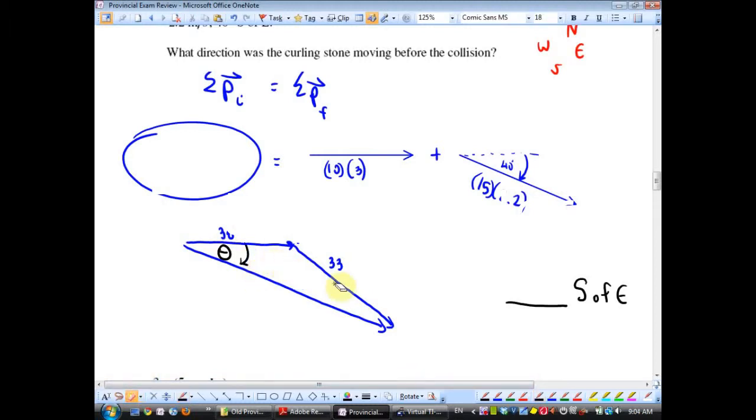I'm going to make this 140 a little smaller so that takes up a little less room. 140 degrees. I think what I'm going to have to do first is use the cosine law to find that. And then once I know that, I can go sine of this divided by x equals sine theta divided by 33 and go shift sine and find theta. So the cosine law, which is on your formula sheet.